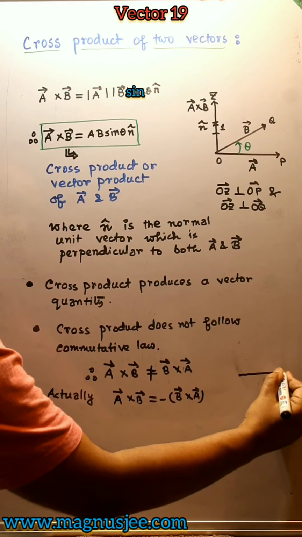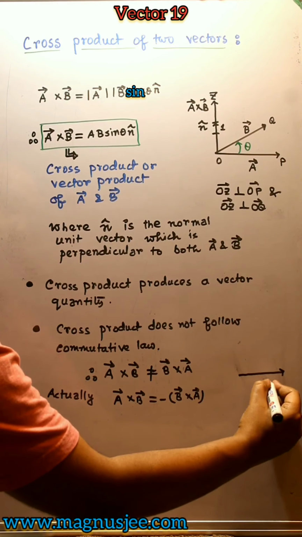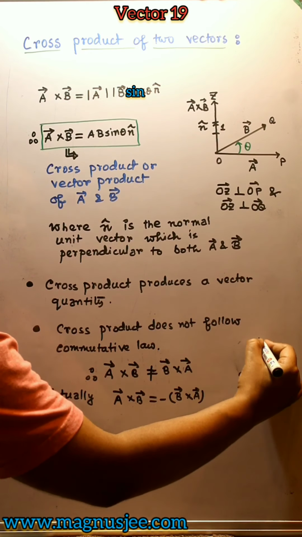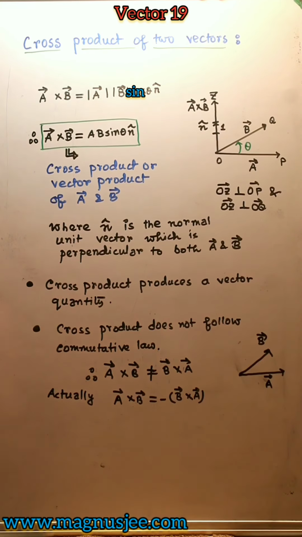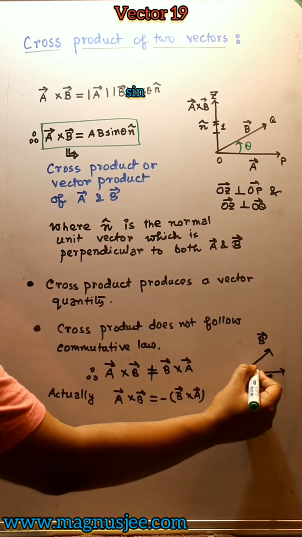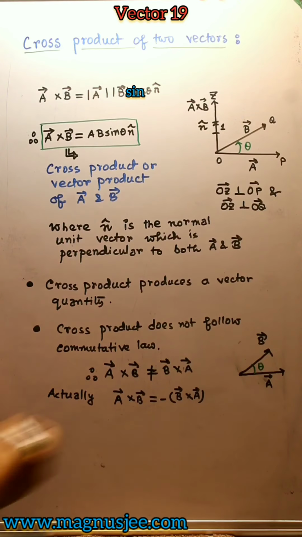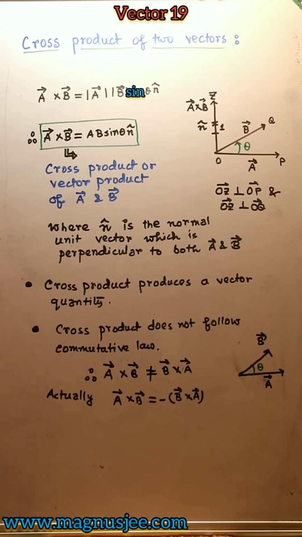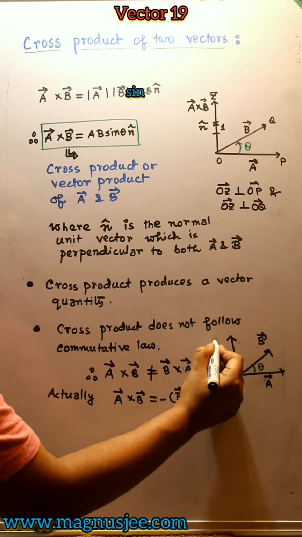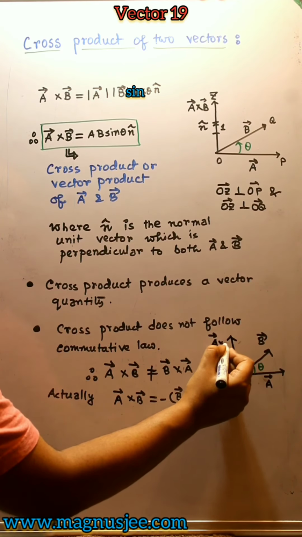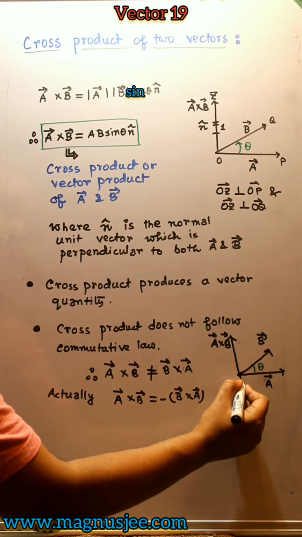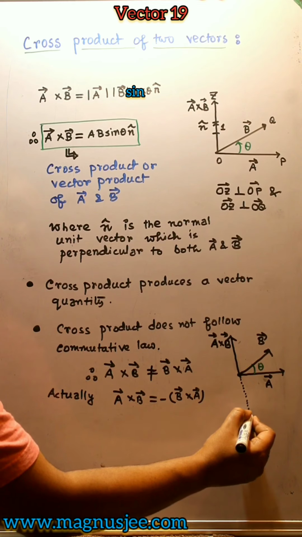So if we draw the diagram, in a plane vector A and vector B act. Say in xy plane vector A and vector B act at an angle theta with each other. Now according to right hand thumb rule, vector A cross B will be acting in vertically upward direction, along z axis.